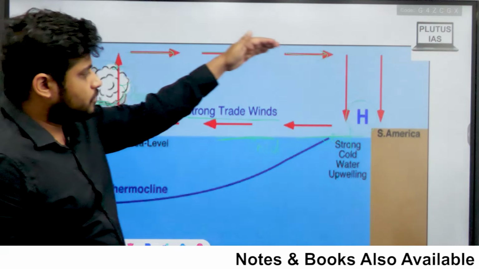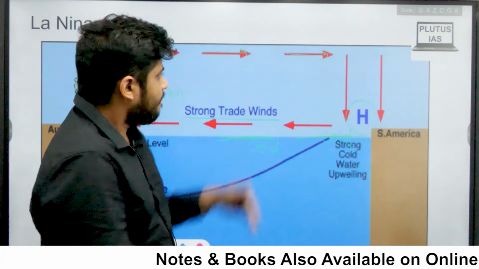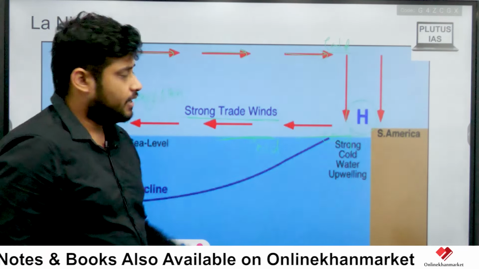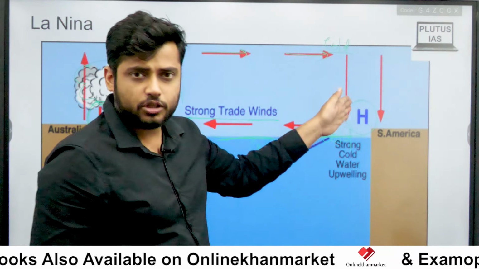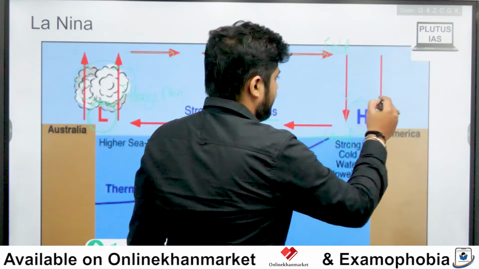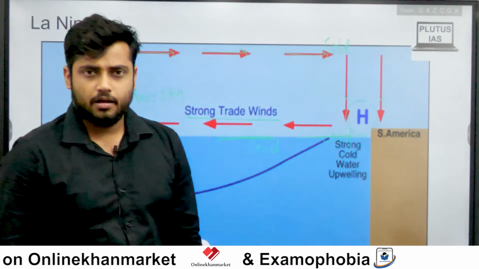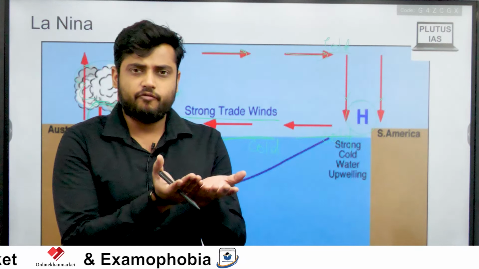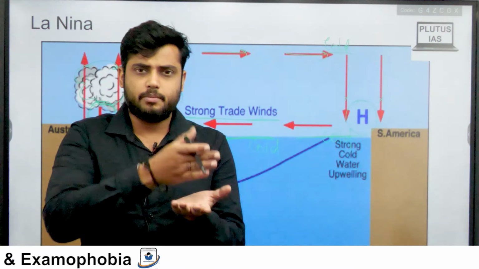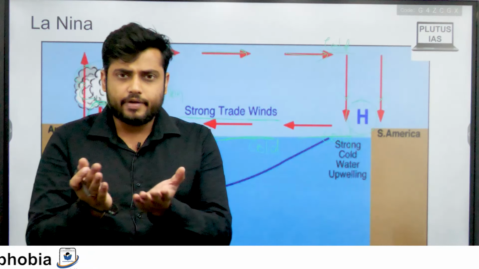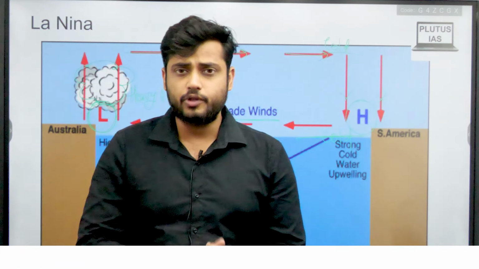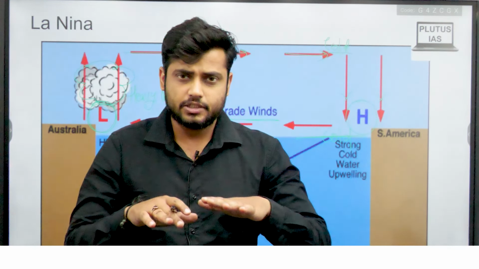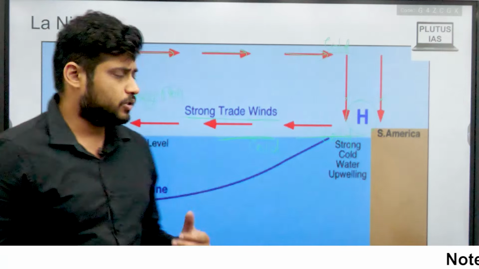The air will start moving towards the South American coast, and as it comes up to this point, it becomes cold and heavy. It starts to sink at the South American coast, and there is a high pressure situation there. So wherever we have a warm surface, there is low pressure just above the surface, and wherever we have a cold surface, there is high pressure just above it. This also happens at the poles, where the temperature is very low, the surface is very cold, so the pressure is high.